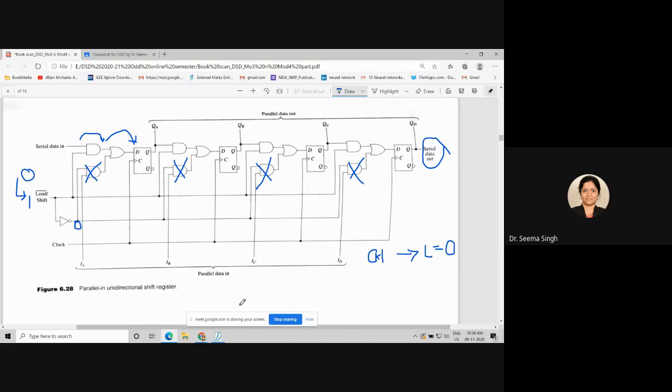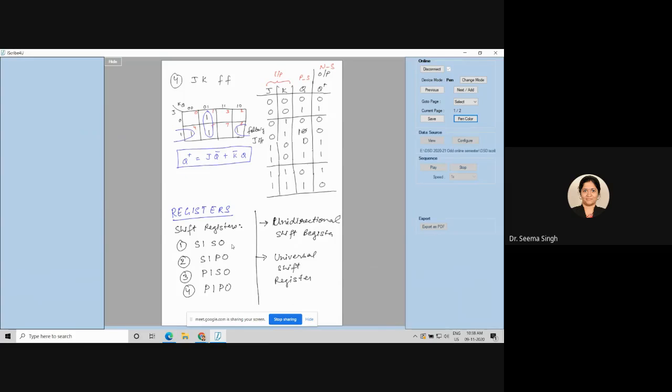Okay, so this is about your 4 types. What I have taught you now is serial in, serial out and serial in, parallel out. These 2 we have seen only with the D flip flop, right?